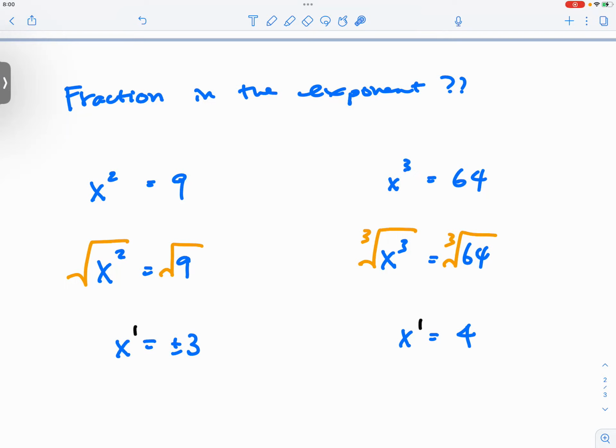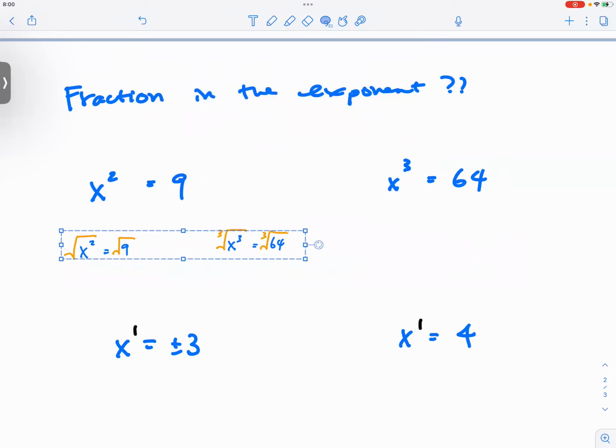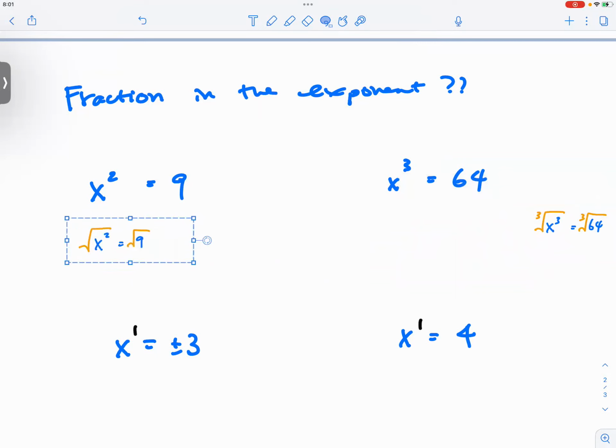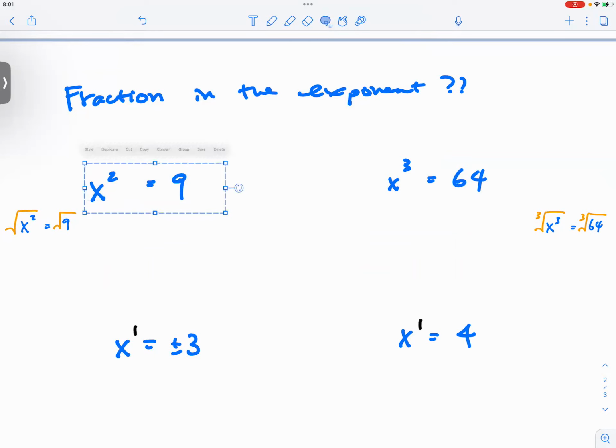Okay. Well, we said we take the root, right? So let me go ahead and shrink this a little bit and put it to the side so that we know what is actually being done. Let me show you what is happening alternatively.